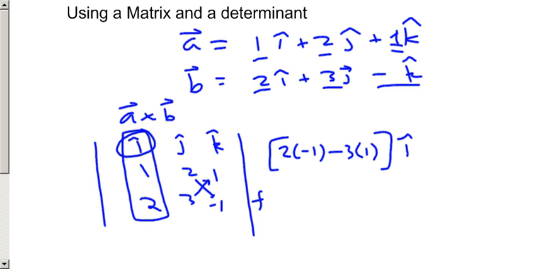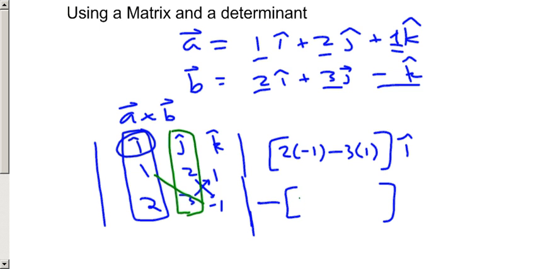well, here's the one thing. So it's this kind of strange pattern of plus, minus, plus, minus. So it's actually minus, and now we're going to do the same thing. So now we're going to cover up the J term, and we're going to do 1 times minus 1, and then minus going across the other way, 2 times 1.